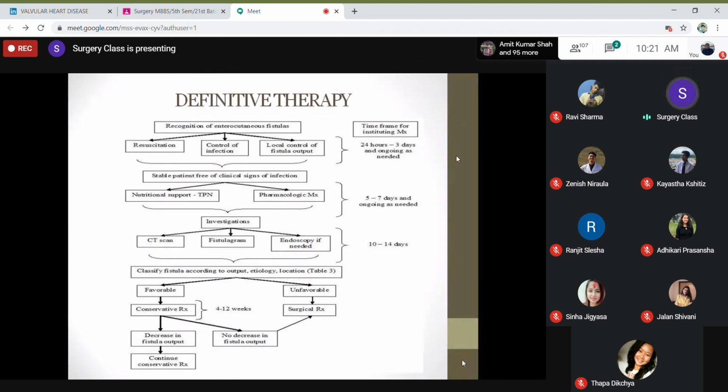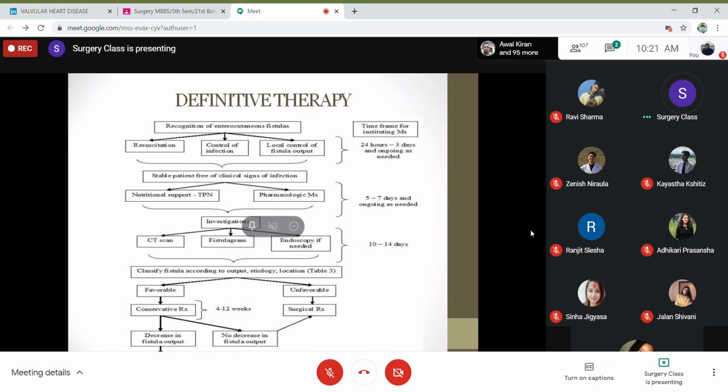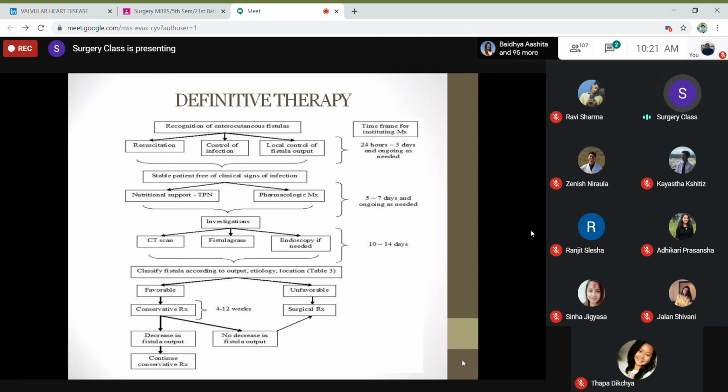Initially, recognition of enterocutaneous fistula, then local control of the fistula output, control of infection, and resuscitation for about 3 days. When the patient is stable and free of clinical signs of infection, then nutritional support: you give total parenteral nutrition. Total parenteral nutrition is a bag containing lipids, calories, and proteins in the form of amino acids.